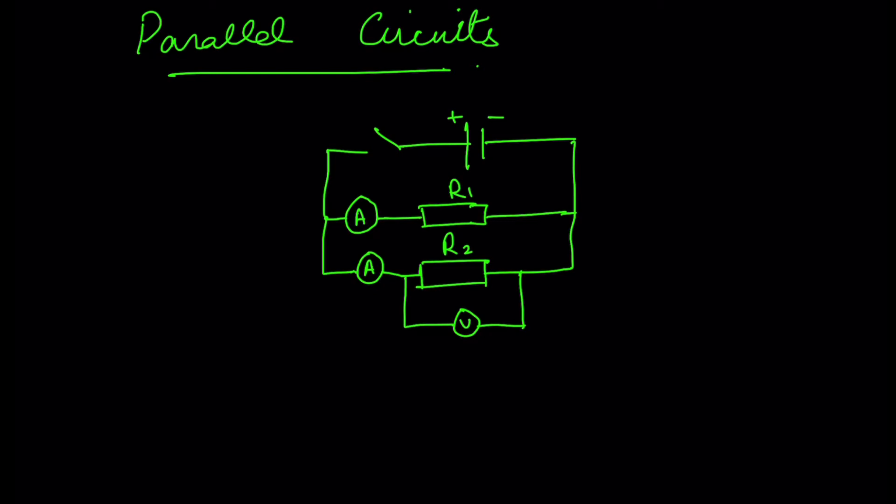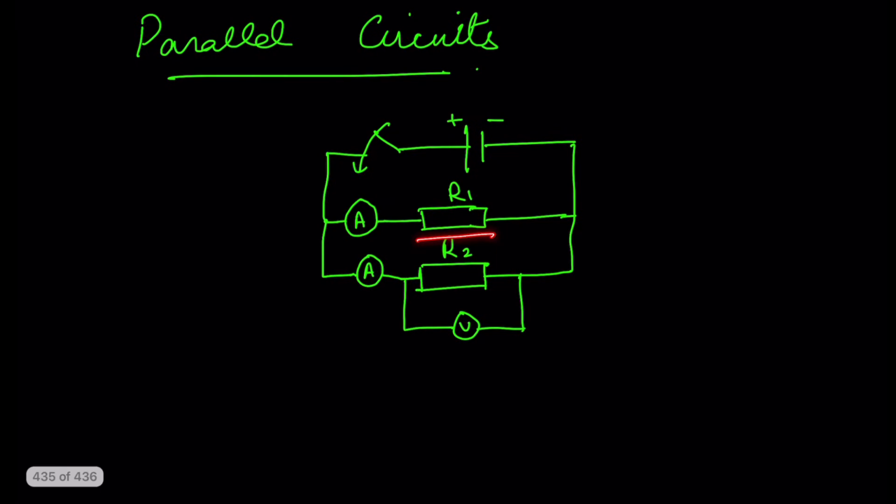Now when the switch is turned on, the current will flow from the positive terminal towards the circuit. So the current will come over here. At this point, some of the current will go through R1, and the remaining current will go through R2. But the sum of currents through R1 and R2 will be equal to the total current.